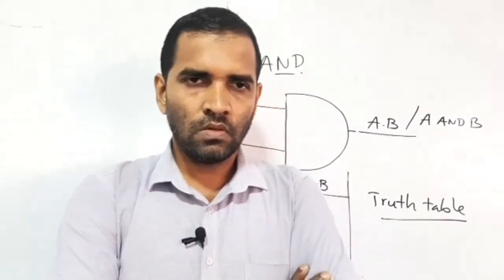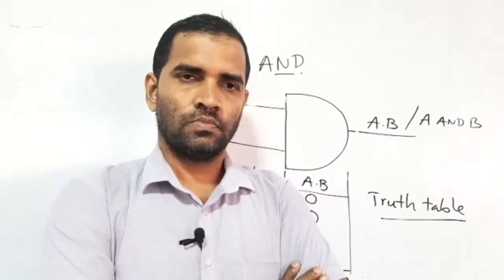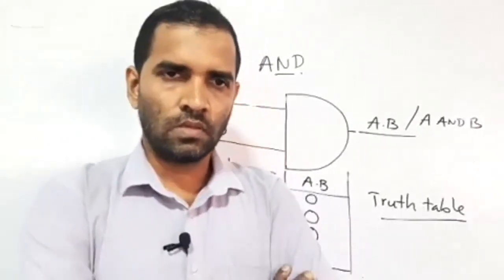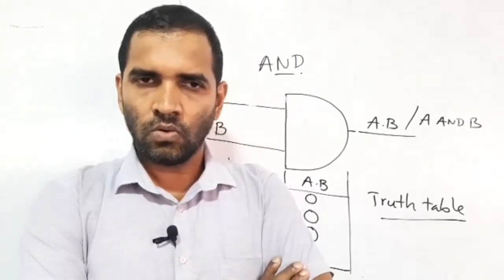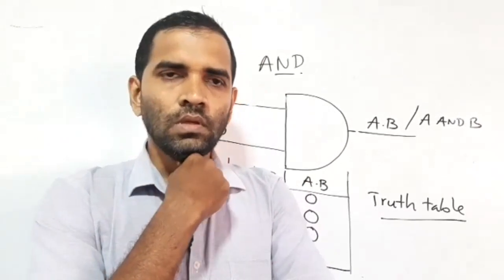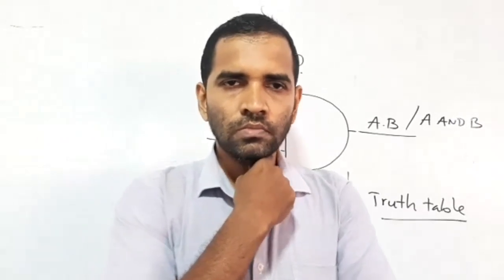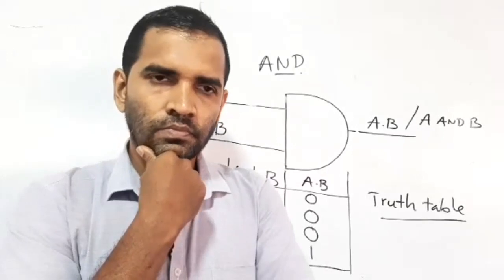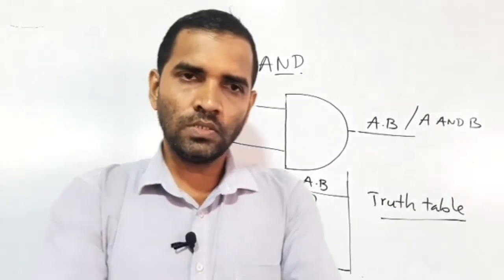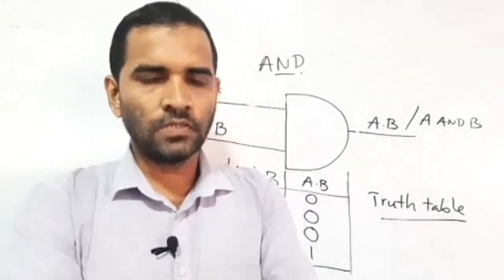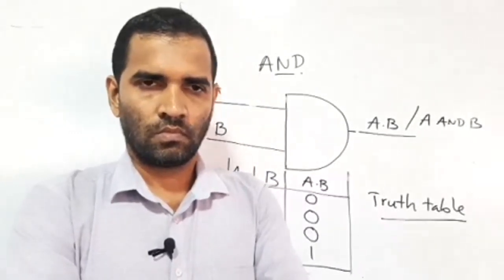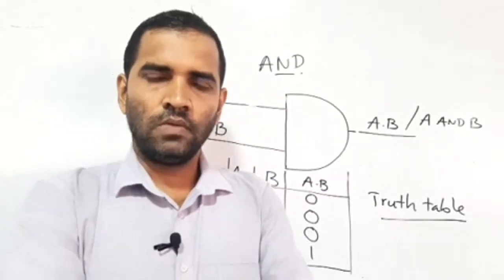In AND gate, comma, when only all the inputs have electricity, comma again, the output is electricity. Full stop and continue.